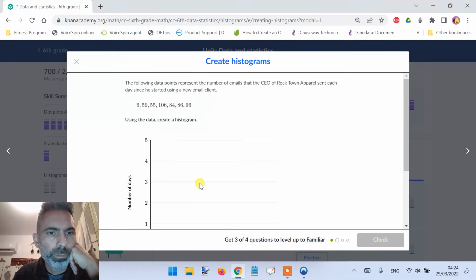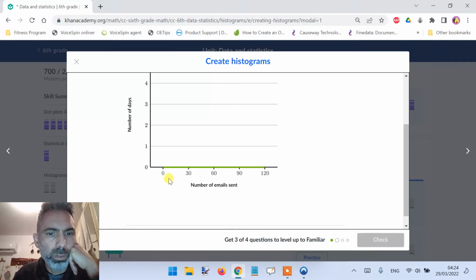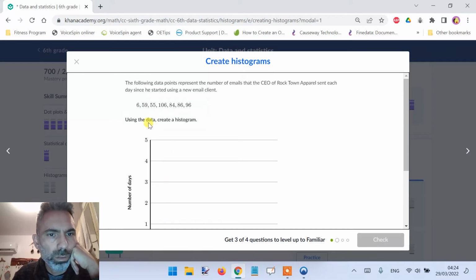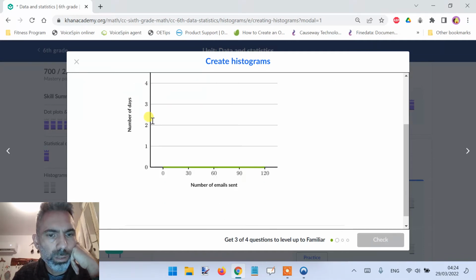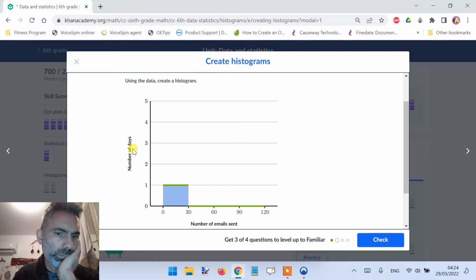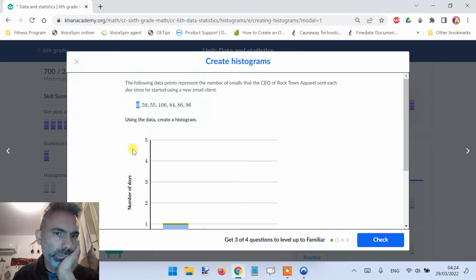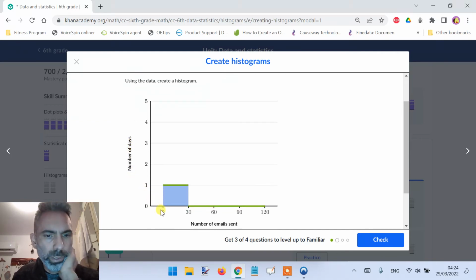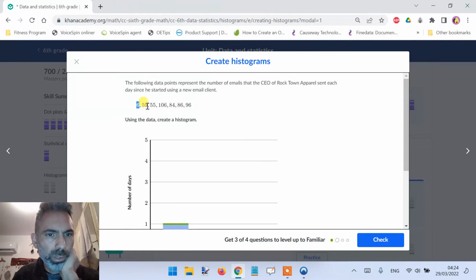Okay. So between 0 and 30, we have 1 day where he sent 6 emails. So he sent between 0 and 30 emails, only 1 day.